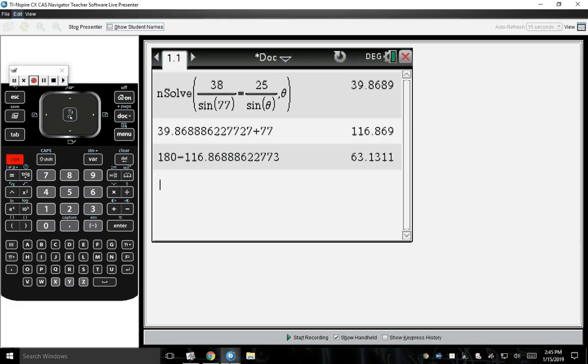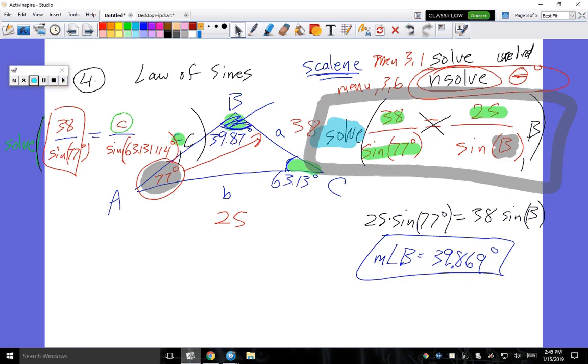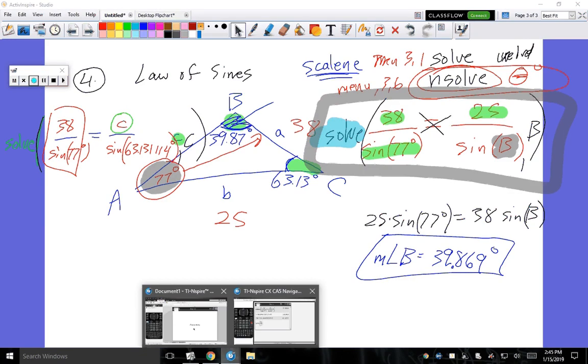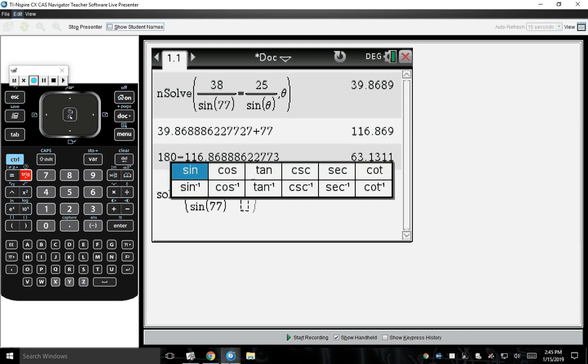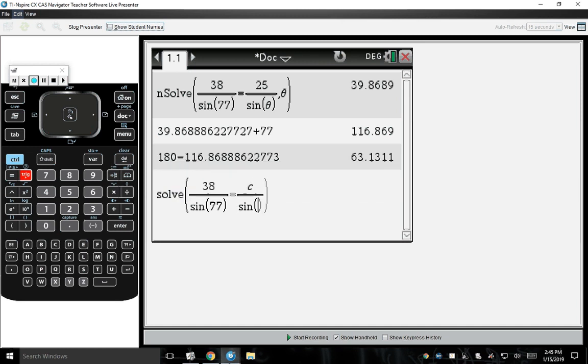So we're going to menu 3.1, control, what was the ratio? What was it? Anyone? So it was 38 over the sine of 77. Do I need to put a degrees right now? Nope, because it's already in degree mode. Is equal to, let's put C over the sine of what we got. And what did we get?